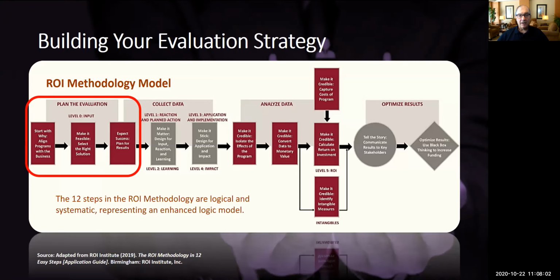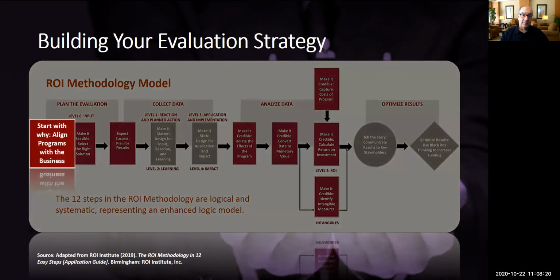Now, in order to plan the evaluation, you have to know about collecting data, analyzing data, optimizing results, all those other things that are in the model. But what we're going to be looking for here is the actual plan itself.